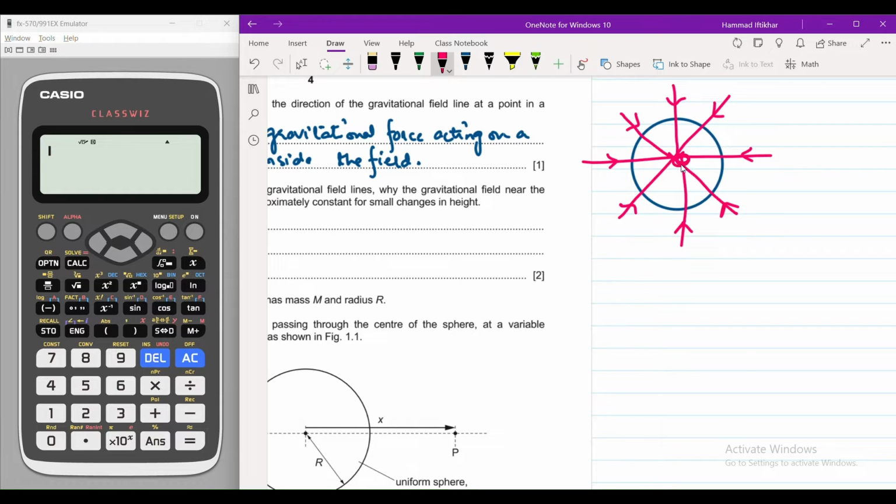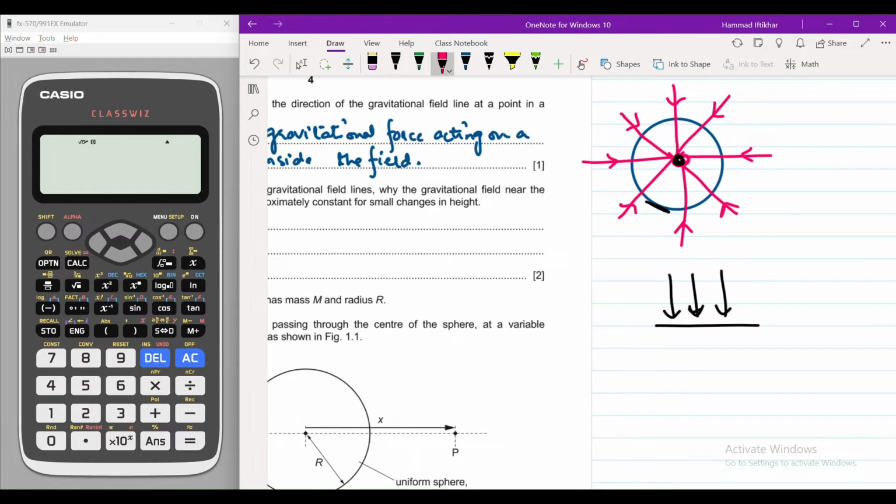However, when we zoom in at the surface, these same radial lines appear almost parallel to each other. Why?